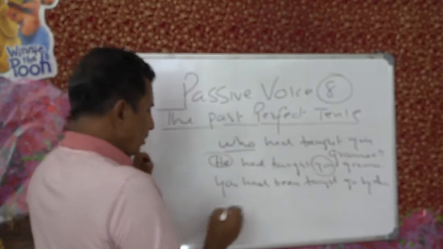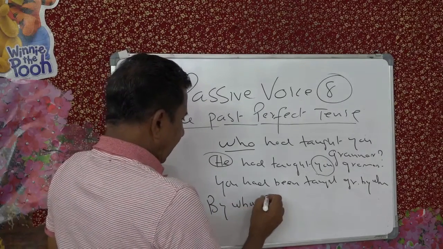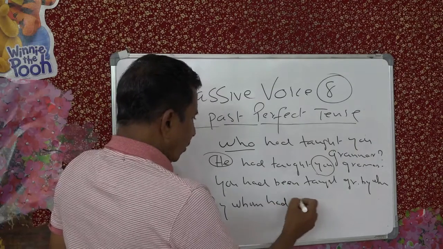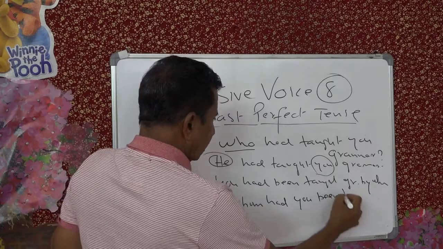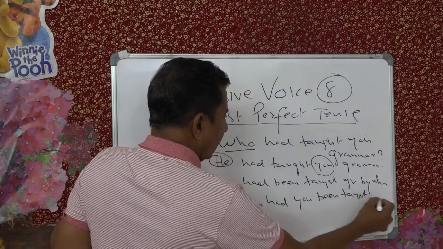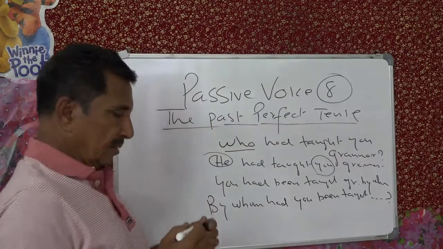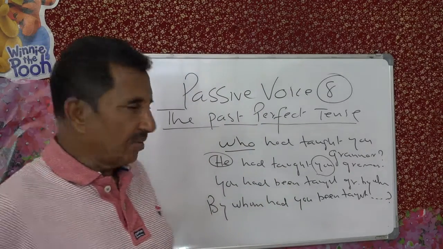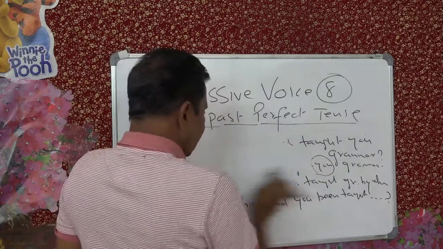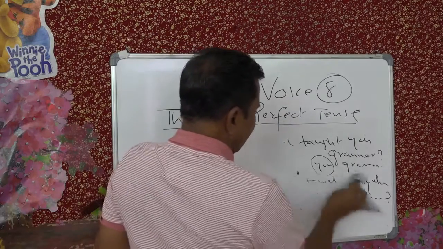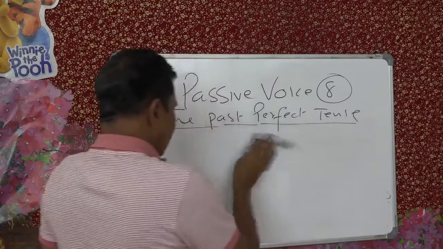So, the question word should come first: by whom had you been taught? Any other doubts regarding this? It's comparatively very simple, because passive is, as we have seen.